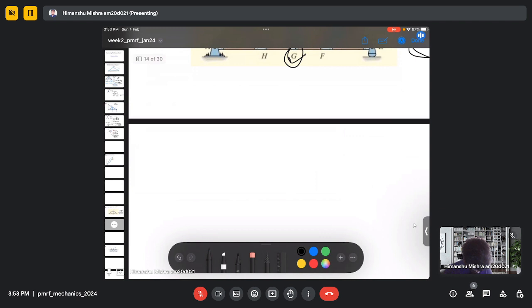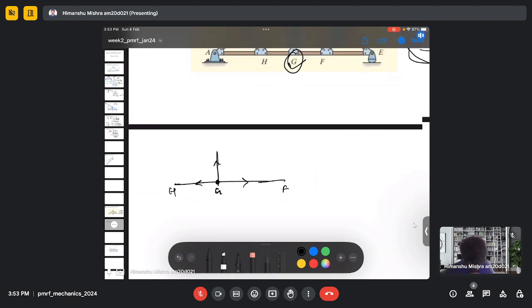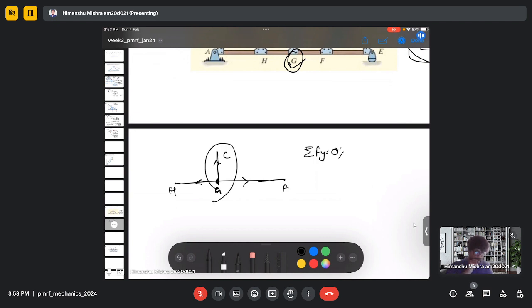So for example, let's say this is my joint G, F, and this is C. So when we do the force balance in the y direction, we will have only the force in the GC member, and it is equal to 0.